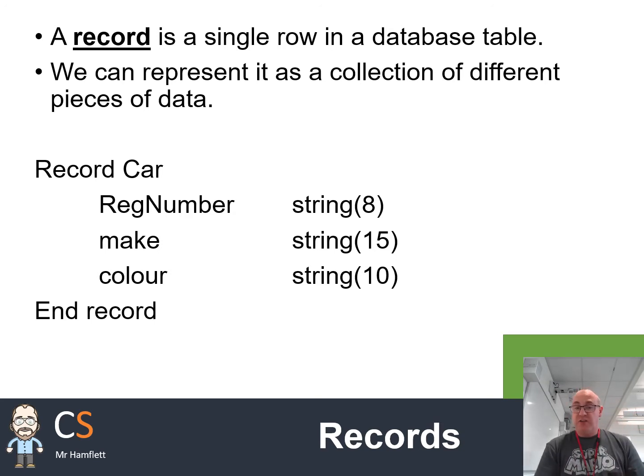For example, this record is storing information about a car. We've got the registration number, the make of it, and the color. These you can think of as variables, or values in the table. It doesn't really matter which way you think about it. And the actual variable names, these attribute names, are like the columns in the table as well. So records, although you don't have to code in them, you do need to be aware of them just in case a question comes up.